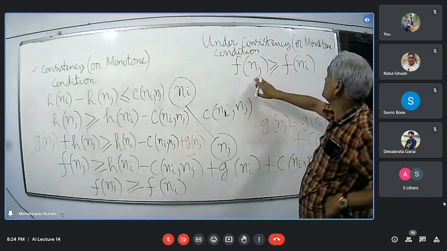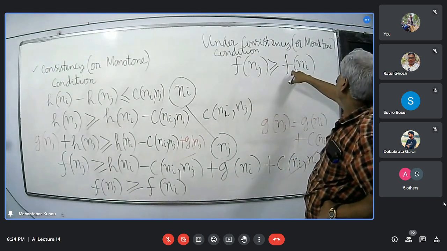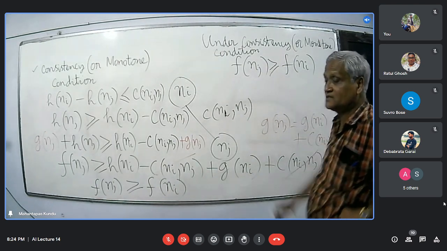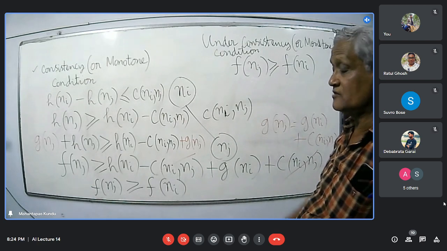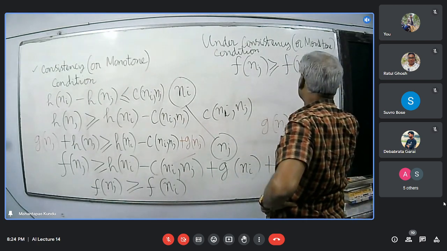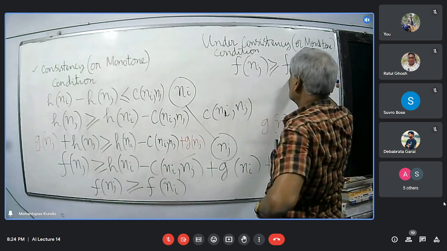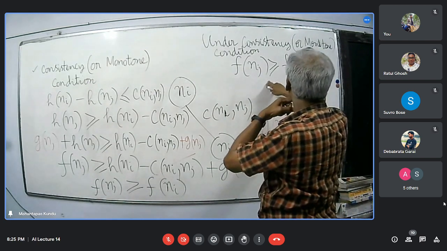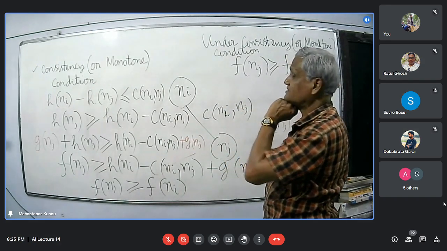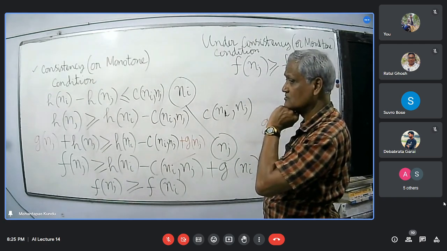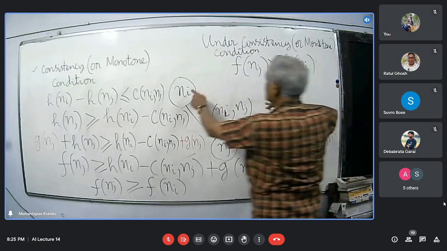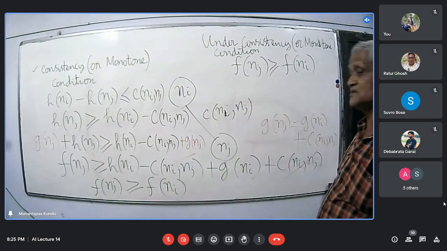That means the f values of all these successors will be monotonically non-decreasing from ni to nj. f(nj) is greater than or equal to f(ni).